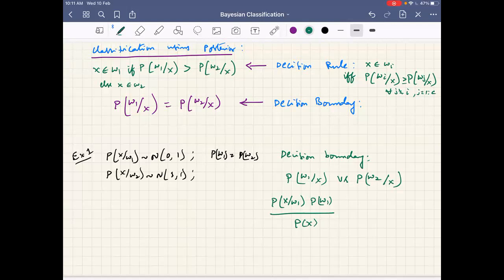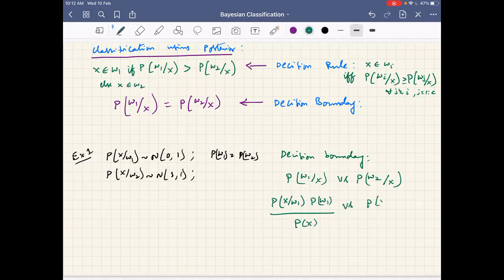So p of x given omega 1 and p of omega 1, these two will be available, one from the data, one from the modeling of the problem or the domain knowledge. So these two are in our hands. We never directly get p of omega 1 given x. So in almost all problems, we split this into these terms, to take this forward.